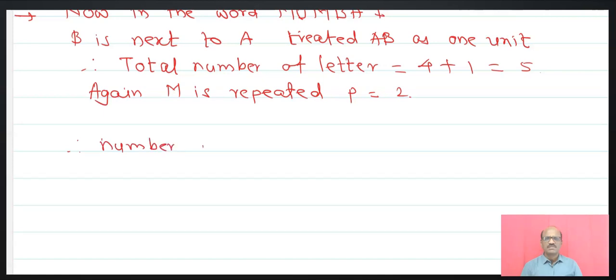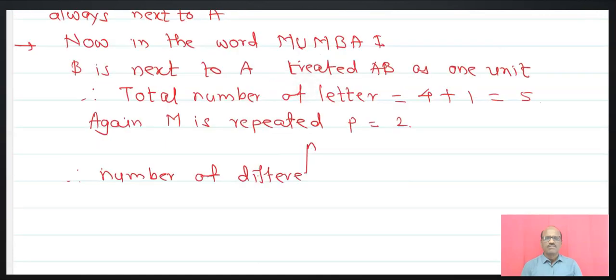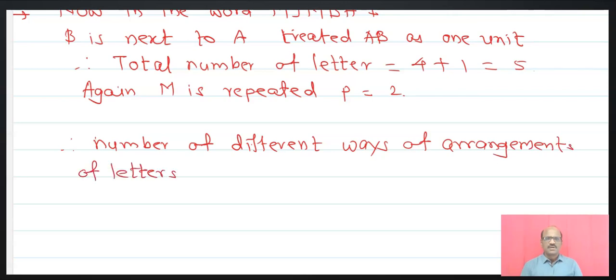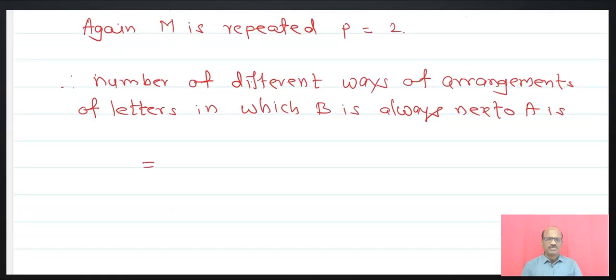Therefore, the number of different ways of arrangement of letters in which B is always next to A is equal to 5 factorial upon 2 factorial.